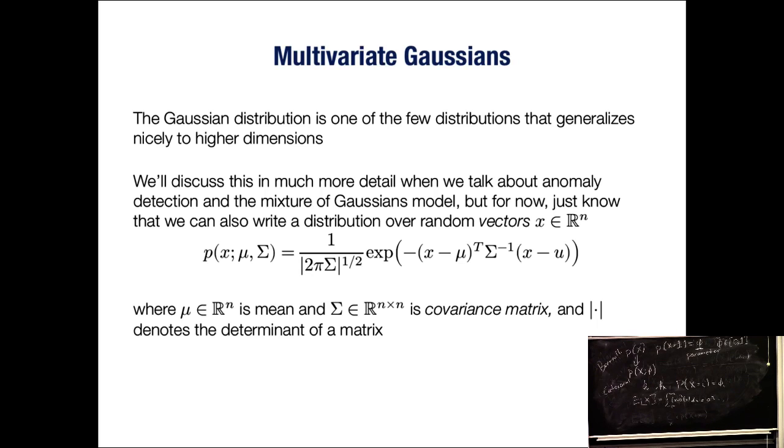This term inside here is a determinant. This matrix sigma is called the covariance matrix. It is the matrix of all possible covariances, the different elements, and mu here is a multidimensional mean. So don't worry about this. Just know that we're going to see these more later, and Gaussians are nice because they are one of the few distributions we can actually estimate nicely in high dimensions.